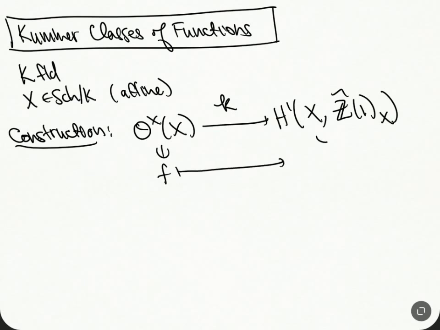Taking f to kappa, it'll be associated to the Kummer map associated to X and f. This is the Kummer class.